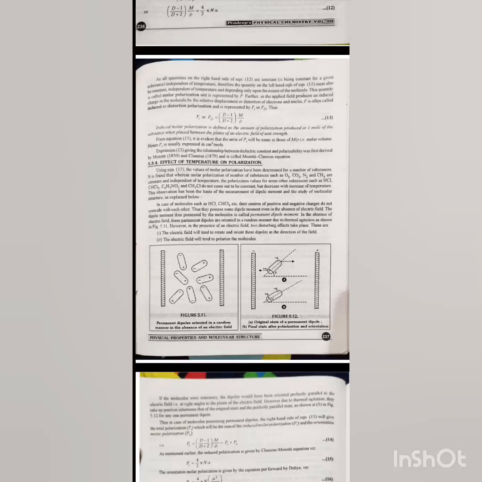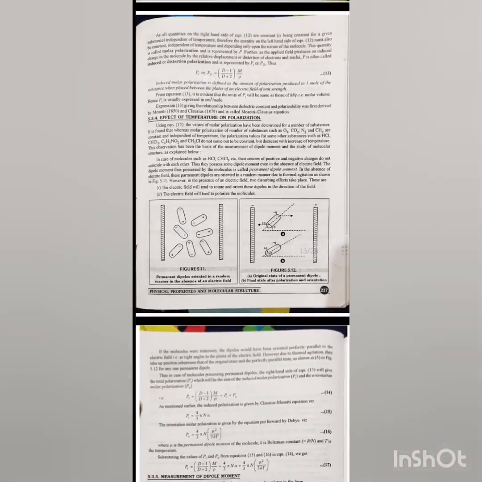Thus, Pi or Pd is equal to (D minus 1)/(D plus 2) into m upon ρ, named as equation 13. Induced molar polarization is defined as the amount of polarization produced in 1 mole of the substance when placed between the plates of an electric field of unit strength.